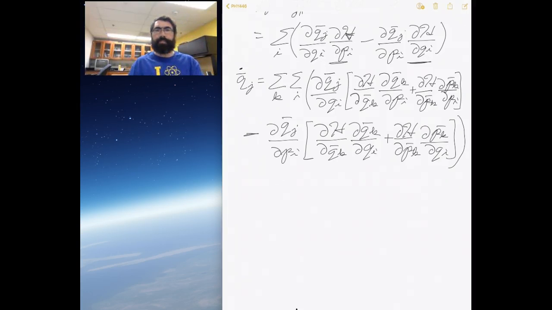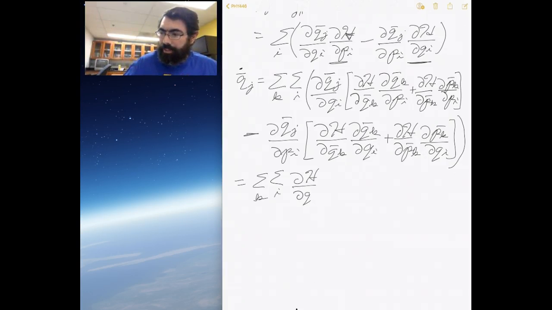Okay. So now I have all these pieces, and what I can do is basically group terms. So why don't I group all the terms, so I'll do the sum of k and the sum of i, and I'll group all the terms that are the derivative of the Hamiltonian with respect to q bar.